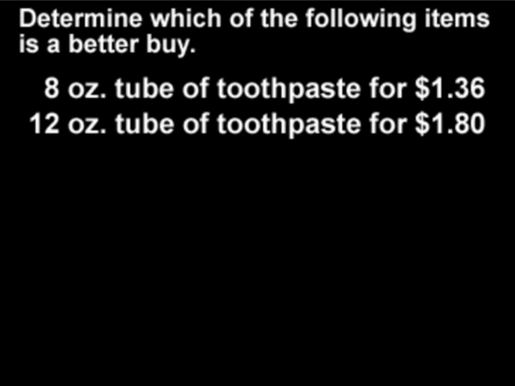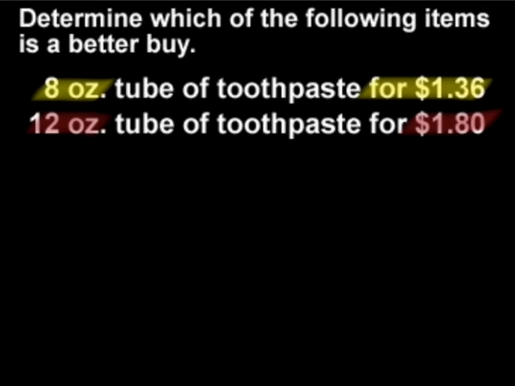So here's another problem that would be good if you're at the store. You can see where this will come in helpful. We have an 8 ounce tube of toothpaste for $1.36, and the one that we're going to compare it to is 12 ounces for $1.80. So which one is better? We need to set up two problems.